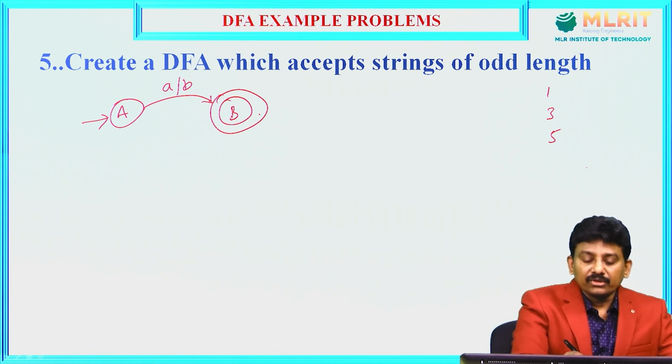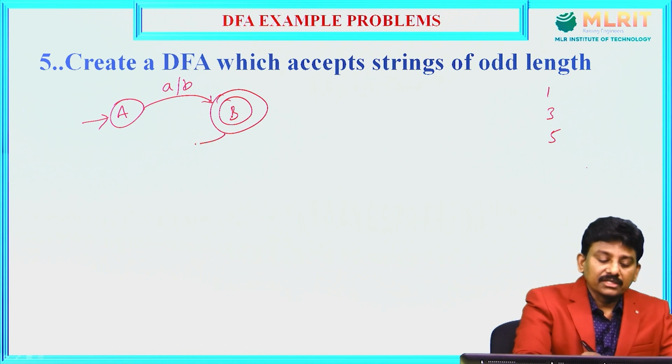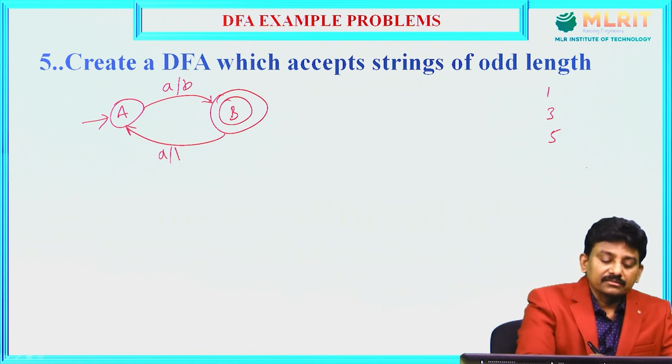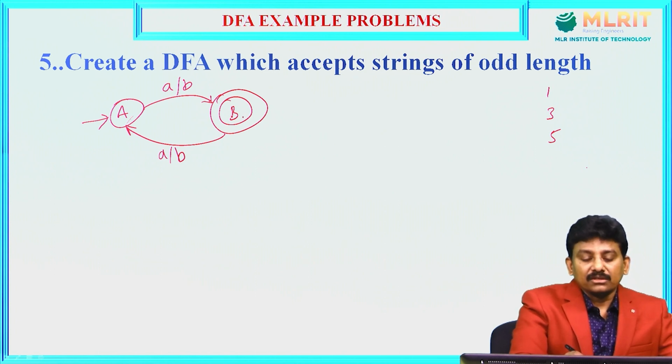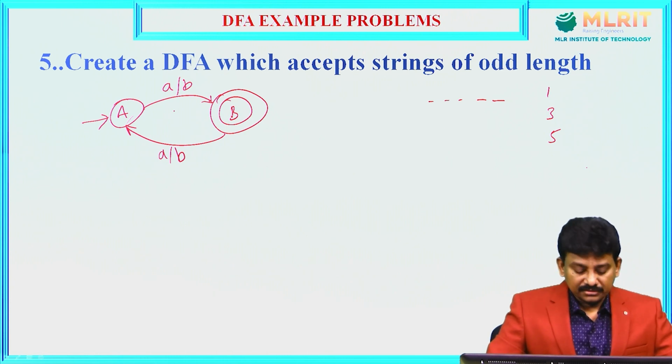If you read one more A or B in the final state, that becomes even, so I can go to the non-final state. Whenever you read symbol by symbol and it becomes odd, I can go to the final state. Whenever it becomes even, I can go to the non-final state.